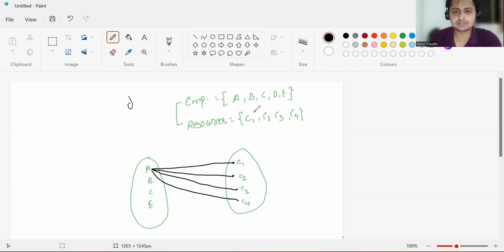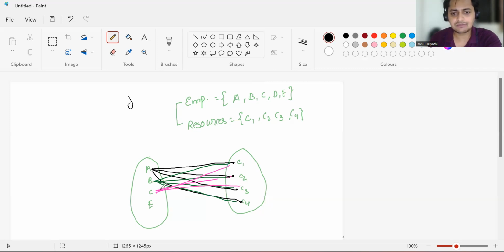Similarly, B has access to all the resources. Similarly, C also has access to all the resources.